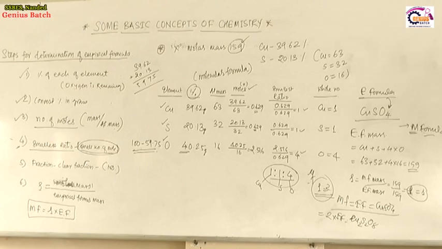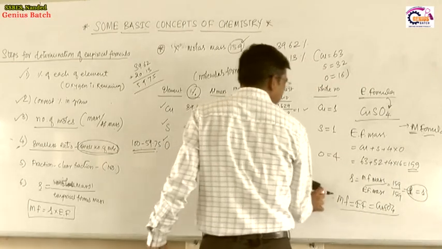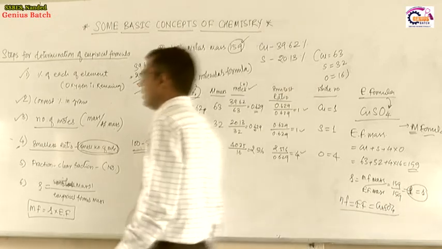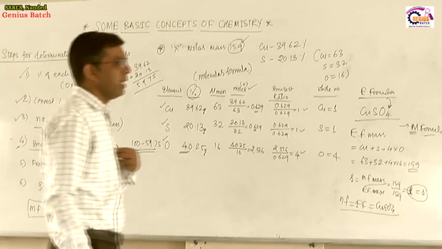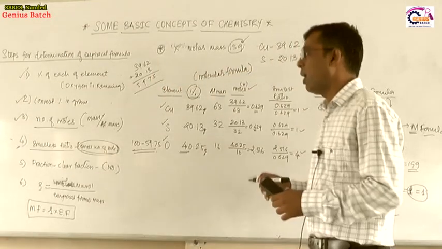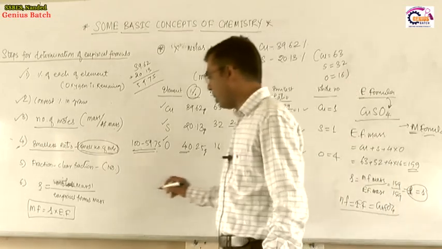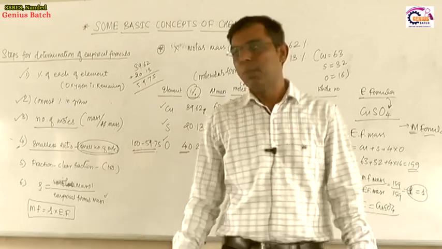But in this problem, the molecular formula and empirical formula are the same, and it is CuSO4. In this way, this is a simple technique by which we can determine the empirical formula, and from that empirical formula mass, we can determine the molecular formula of an unknown compound.